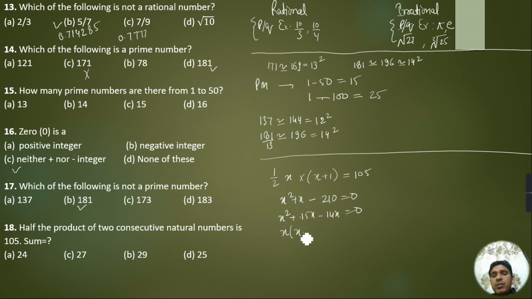If we take x common, this will be x plus 15, and if we take minus 14 common here, this will again be x plus 15. That means the positive solution for x will be 14.